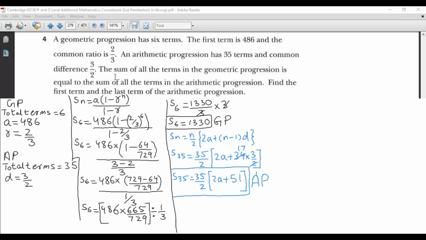Now, they have said the important thing, which I am going to indicate so you can get the idea of what they are basically trying to tell us over here.